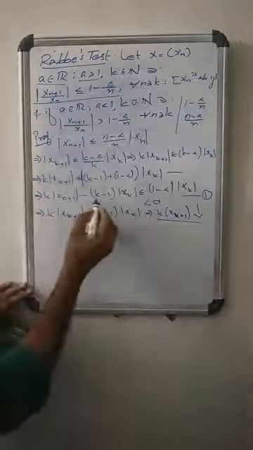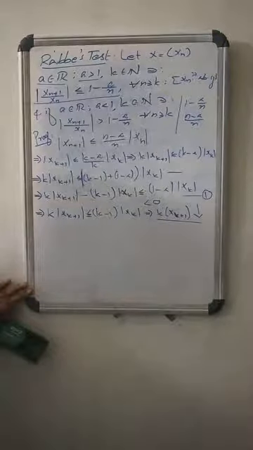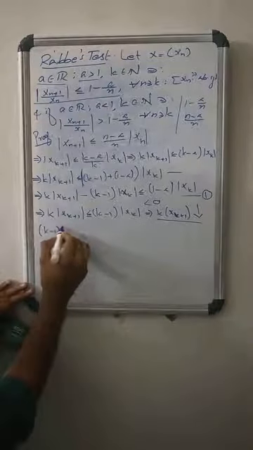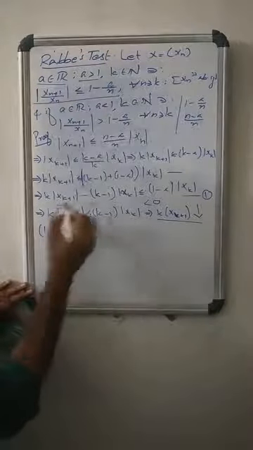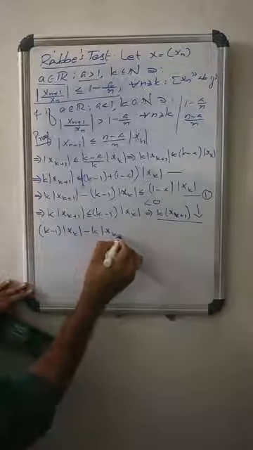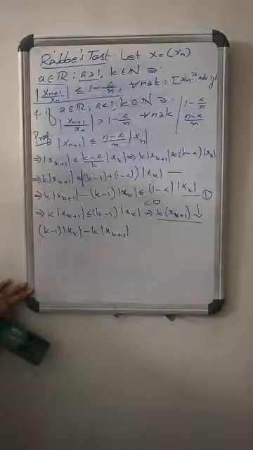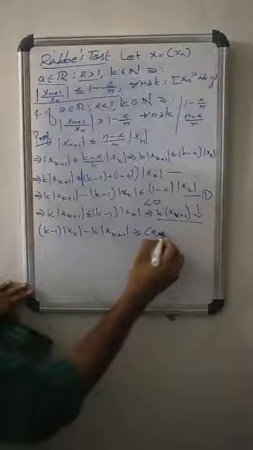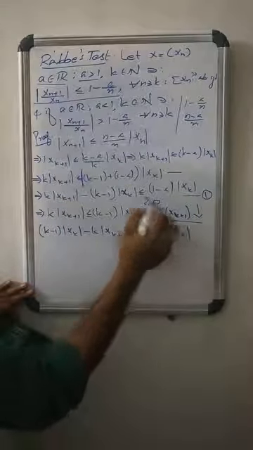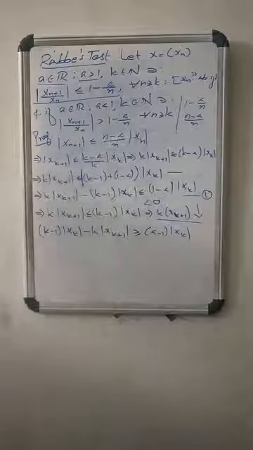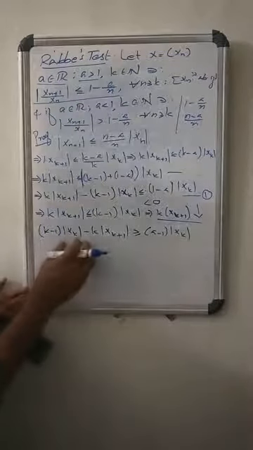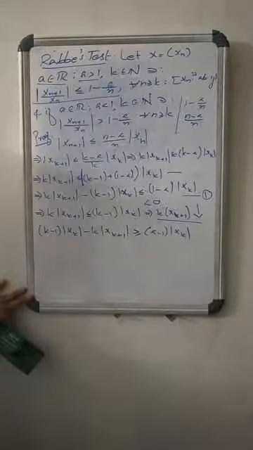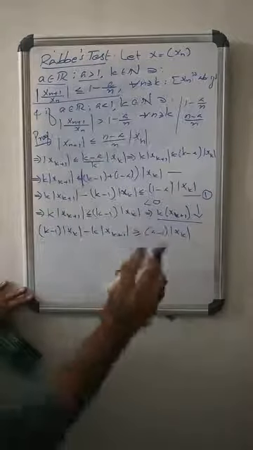It is k minus 1 into mod xk minus k into mod xk plus 1, greater than or equals minus of 1 minus a, that is a minus 1, so a minus 1 into mod xk. If you multiply by negative, the inequality should reverse. So k minus 1 mod xk minus k into mod xk plus 1 is greater than or equals a minus 1 into mod xk.